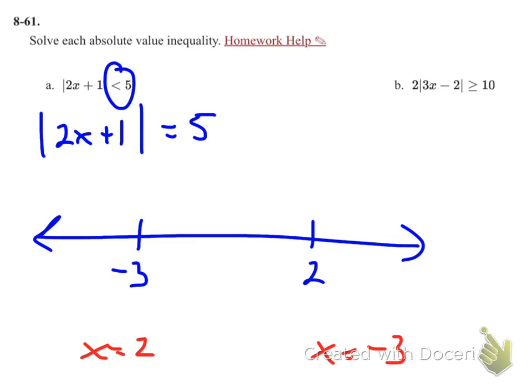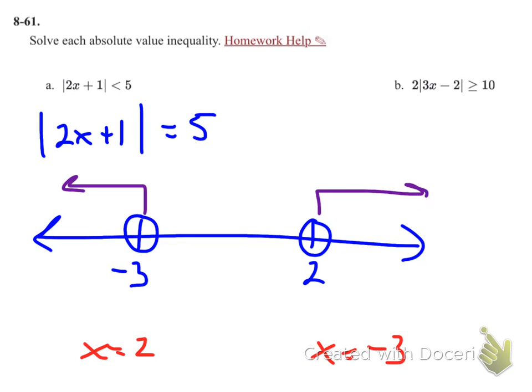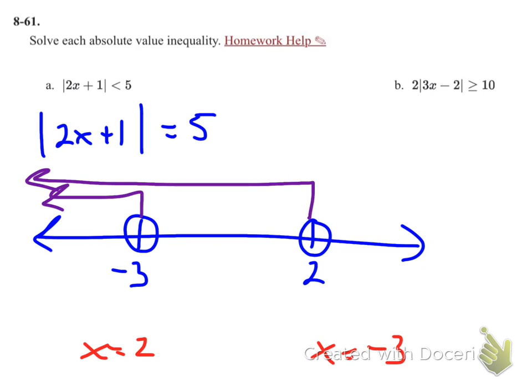This symbol is not "or equal to," which means we want open circles on both of those, because it's not going to include the boundary points. I now have 3 areas to check. Your answer will either go on the outside, or it will be in between. It will never be something like going this way forever, both these. If that ends up happening, that means my boundary points are wrong.